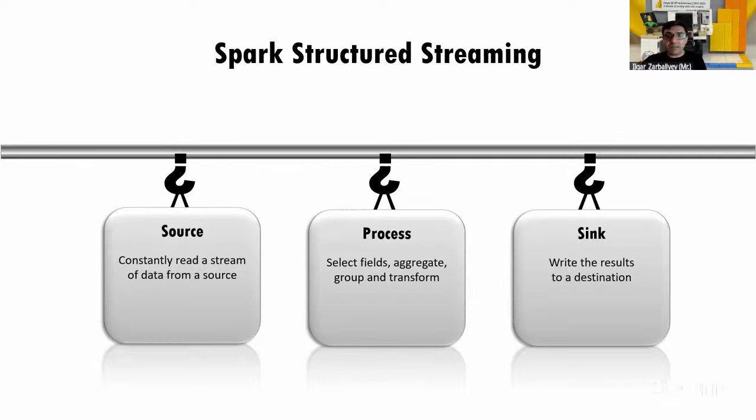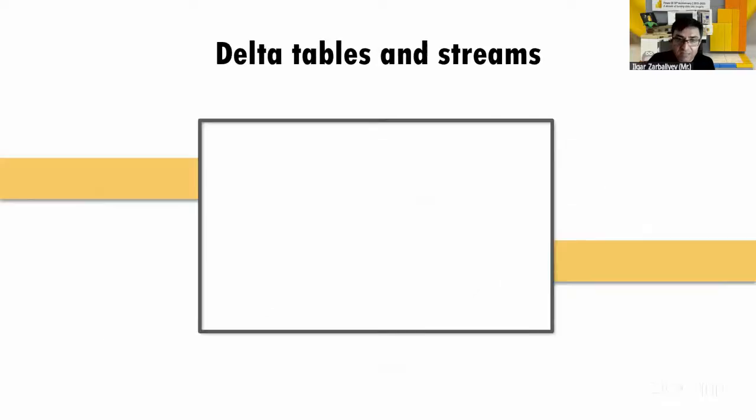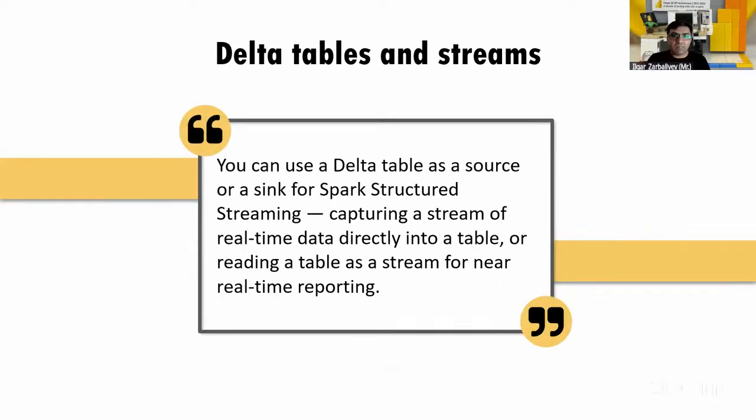A structured streaming data frame can read from many kinds of streaming sources: network ports, real-time message brokering services such as Azure Event Hubs or Kafka, and file system locations, and as we are about to see, Delta tables. So where do Delta tables fit into a streaming solution?